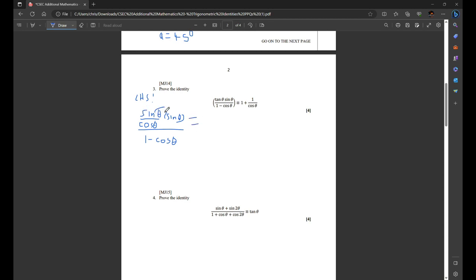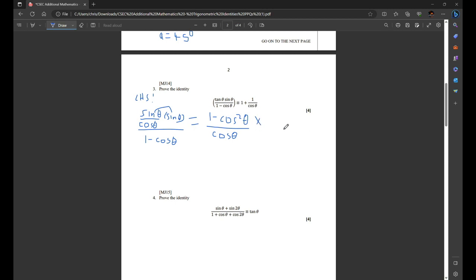Since this would be equal to sine squared, we can rewrite that from the Pythagorean identity as 1 minus cos squared theta over cos theta. And at the bottom part, we're going to just write it like this.